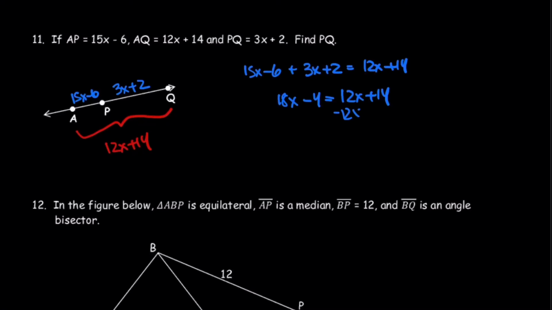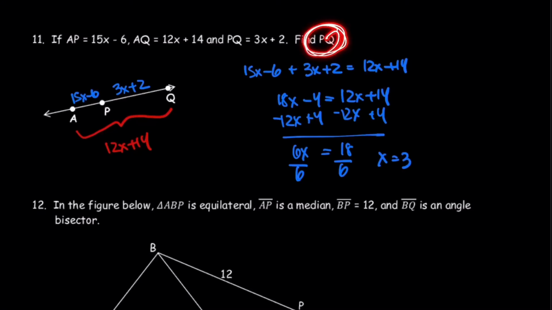Let's subtract 12x from both sides, and I'm going to add 4 to both sides. 18x minus 12x is 6x. 14 plus 4 is 18, divide by 6. So x is 3. The question wants me to find PQ. PQ is 3x plus 2. So PQ equals 3 times x, which is 3, plus 2. That's going to be 9 plus 2. That's going to be 11.